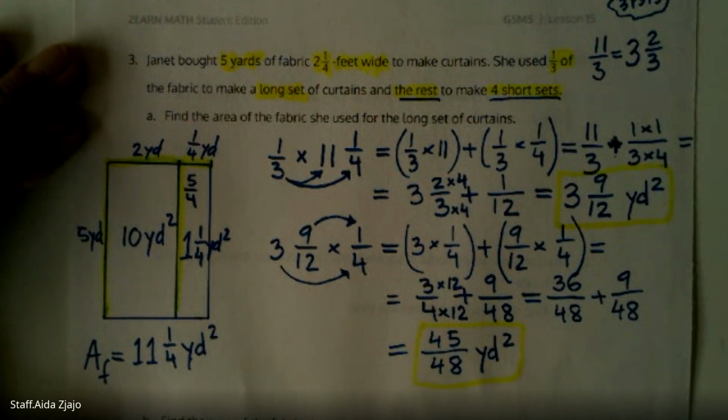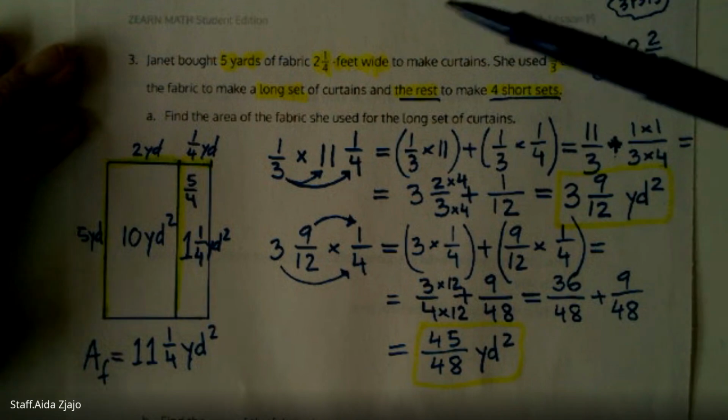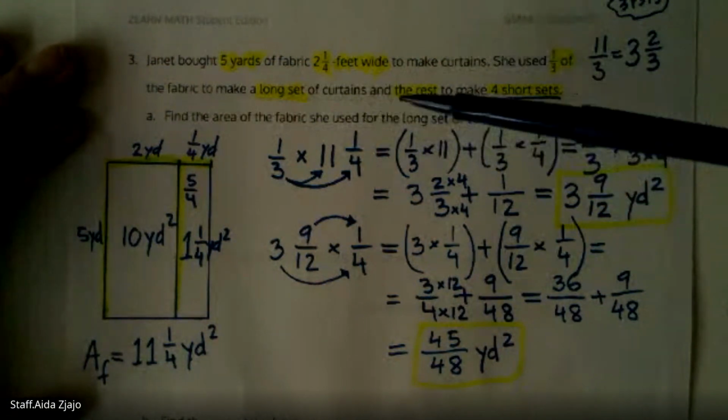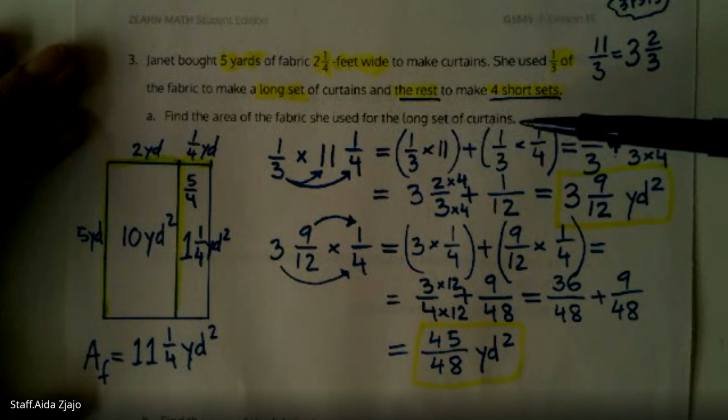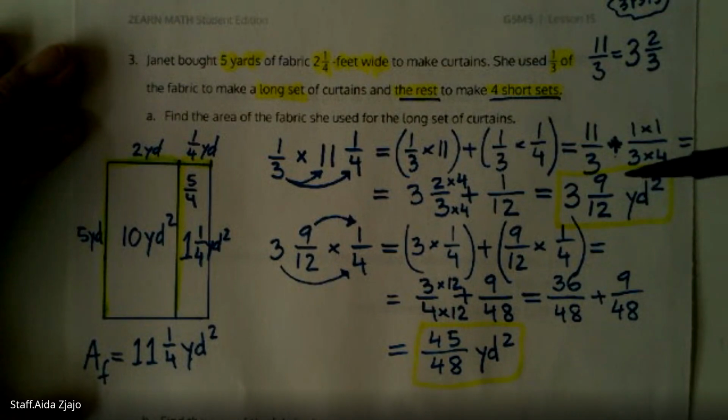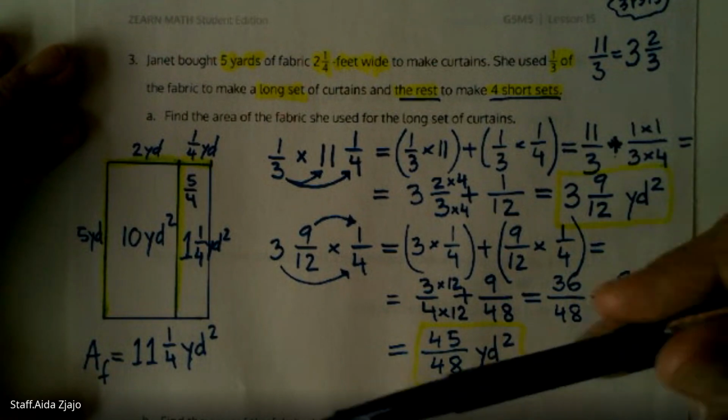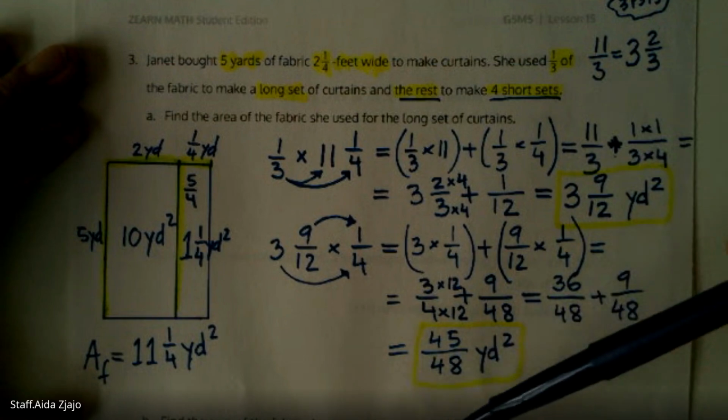Okay, let's see what we have. Now, find the area of fabric she used for the long set of curtains. Oh, I did that, 3 9/12. But I did find the area of fabric she used for each short set.